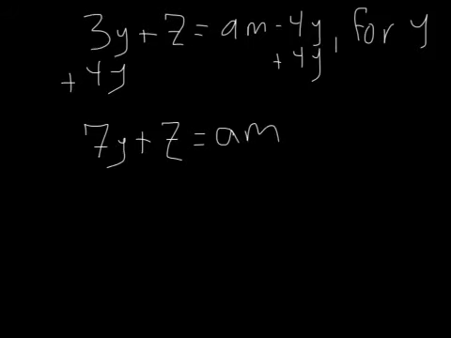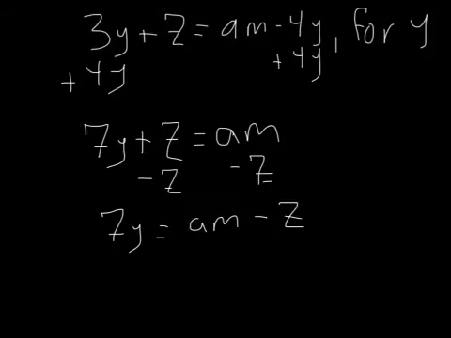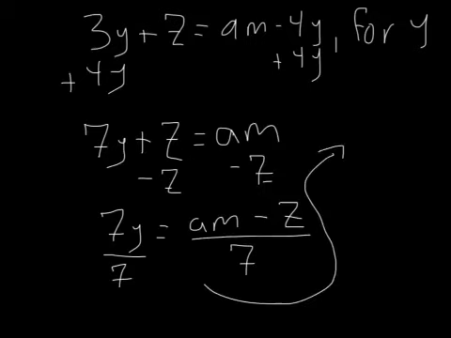Next, I want to keep getting this y by itself, so let's get rid of the z. Minus that from both sides, that's going to give me 7y equals a times m minus z. Finally, I have 7 times y left, so I'm going to divide by 7, divide this whole side by 7. I'm going to put my answer up here. It's going to give me y equals am minus z all over 7.